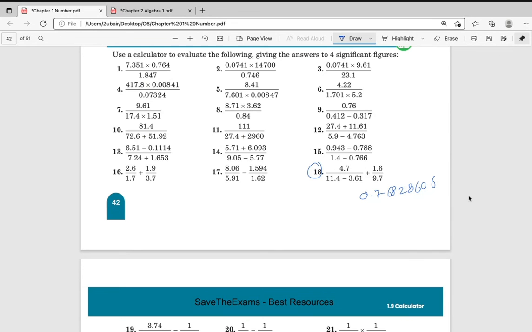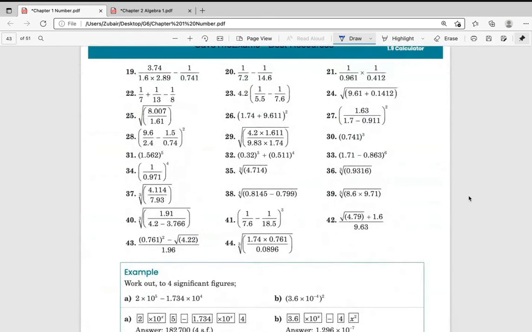Zero point 768. Yes, 0.768. Okay. Now try 23. 0.21. Correct.